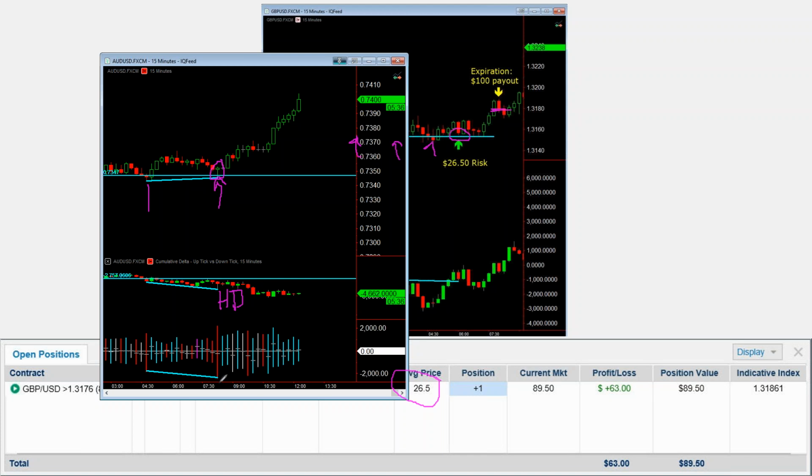What does that mean? Well, think about this logically, okay? If more sellers rushed into that bar, why did it not go lower? This is where the sellers are not being rewarded for the effort that they're putting in to price.